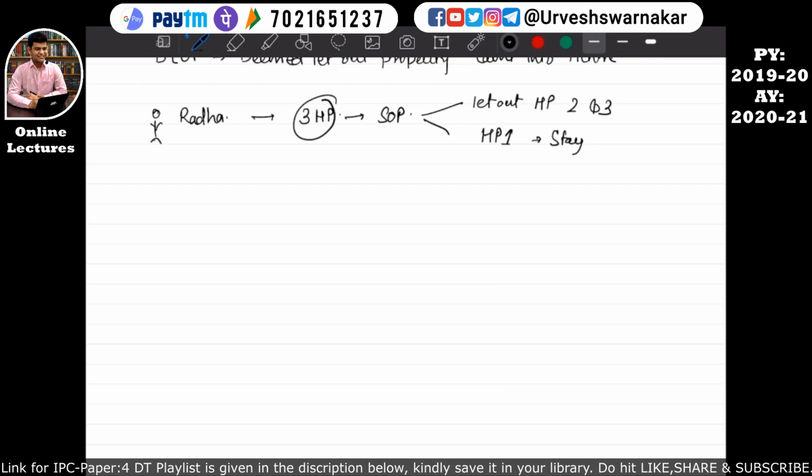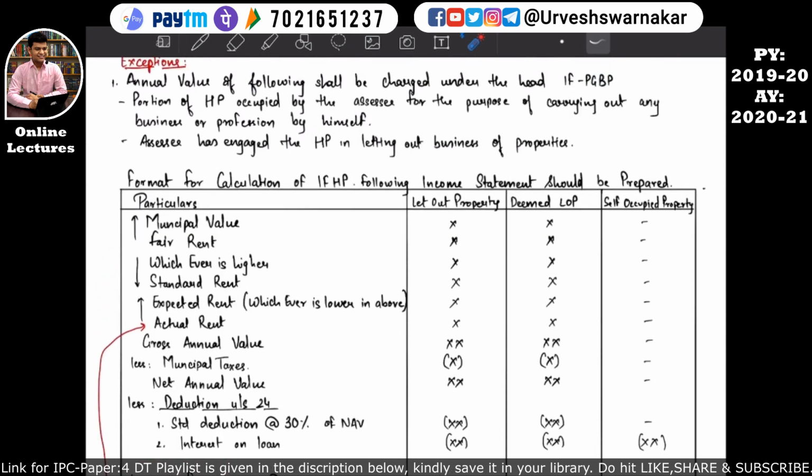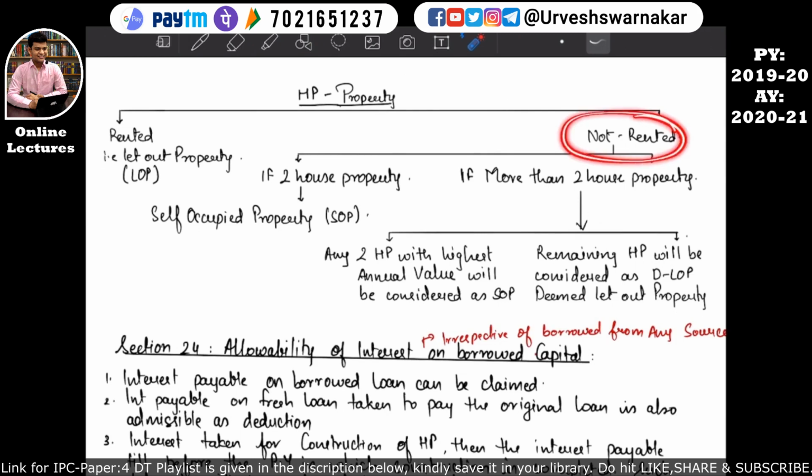But she is not receiving the rent income in the bank, she is receiving the rent income in the form of cash. So in order to avoid all this adjustment done by Radha, the income tax department has come up with this concept, what we have studied over here in the notes, this non-rented part.